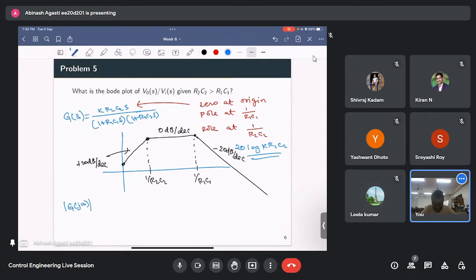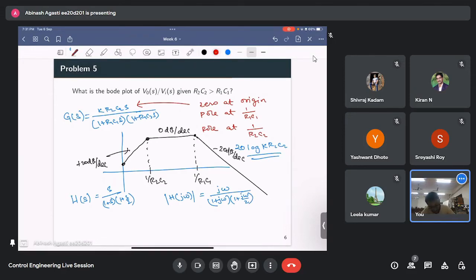So say I have a transfer function, let's take H of s equal to s by 1 plus s into 1 plus s by 2. Okay, so I want to plot H j omega, which is j omega by 1 plus j omega into 1 plus j omega by 2.